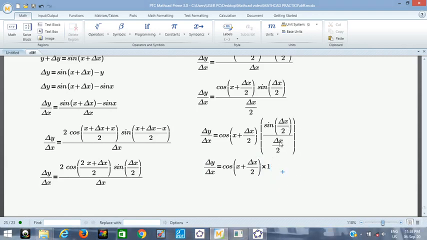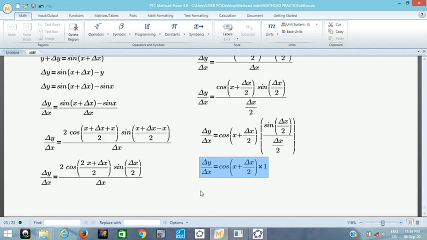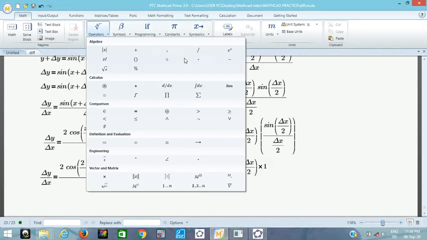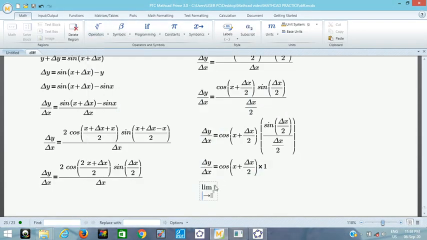So if you take this side to be 1, then finally we can now put in our limit of the differentiation. So if you take the limit of delta y divided by delta x when delta x approaches 0, what are you going to get now?